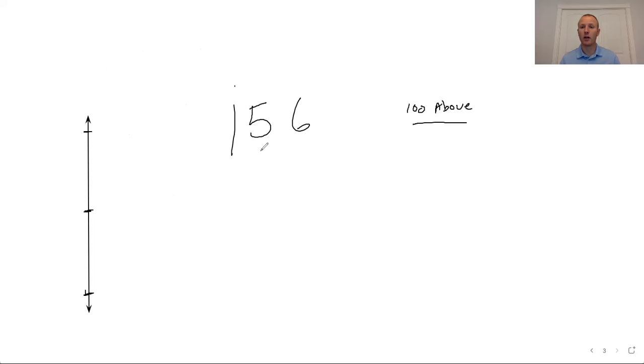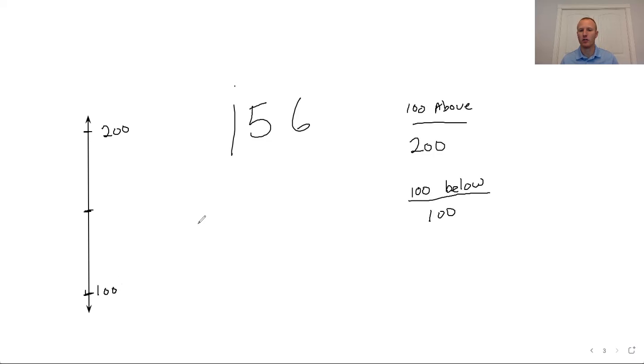I started counting at 156 and I counted up by ones. The next 100 I got to would be 200, just like it was last time. The 100 below, again, we're not subtracting 100. What we're doing is we're saying if we start at 156 and we count down, the next 100 we'll get to is 100. So that sort of frames our answer here.